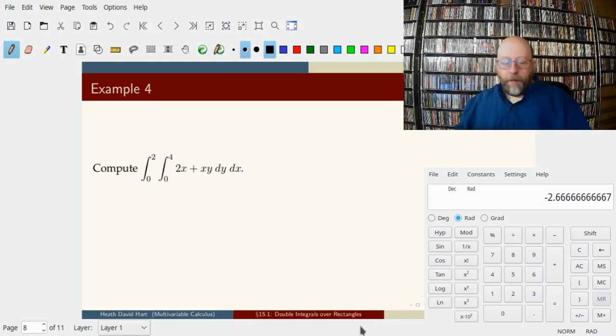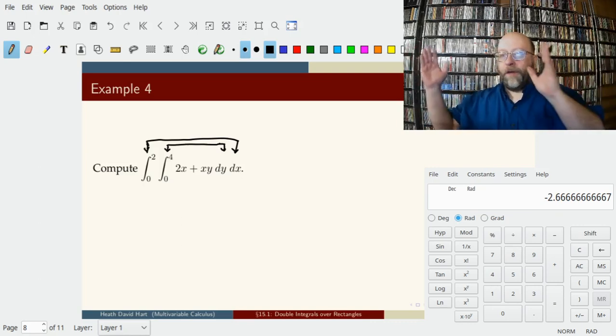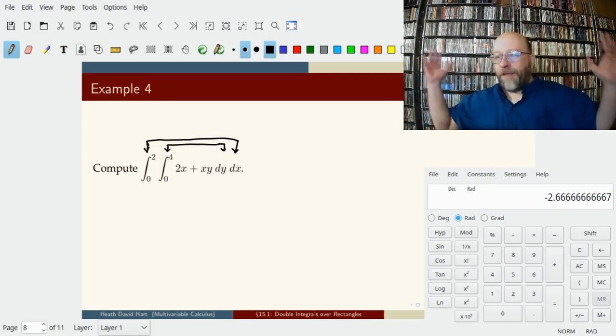So this is the notation that we're most likely to see for a double integral, where we see the boundaries in the x direction written out and the boundaries in the y direction written out. These are nested, and so these boundaries go with this variable, and these boundaries go with this variable. That is, the order isn't left to right, it's outside to inside.